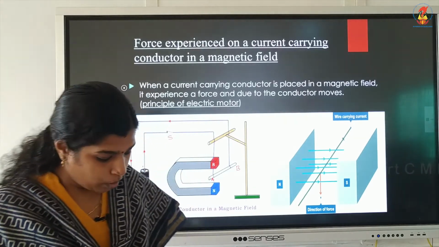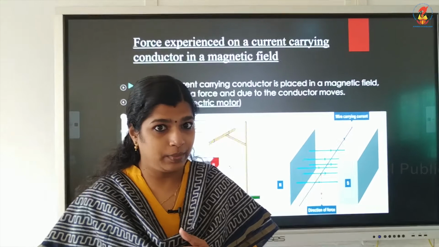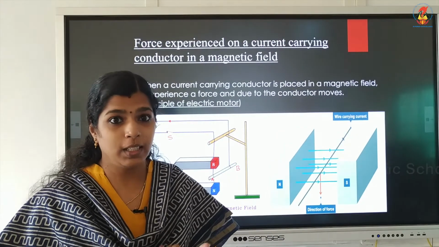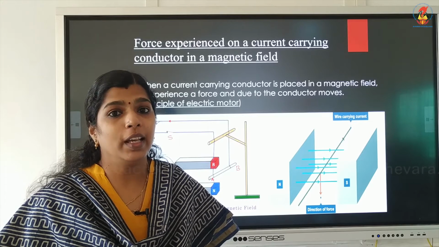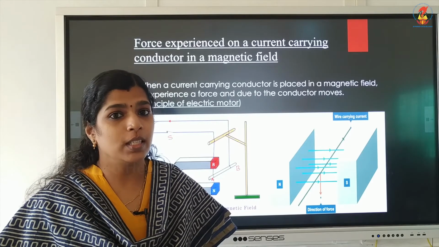So, we can increase the current. If we increase the current, then the force experienced by the current carrying conductor is more.